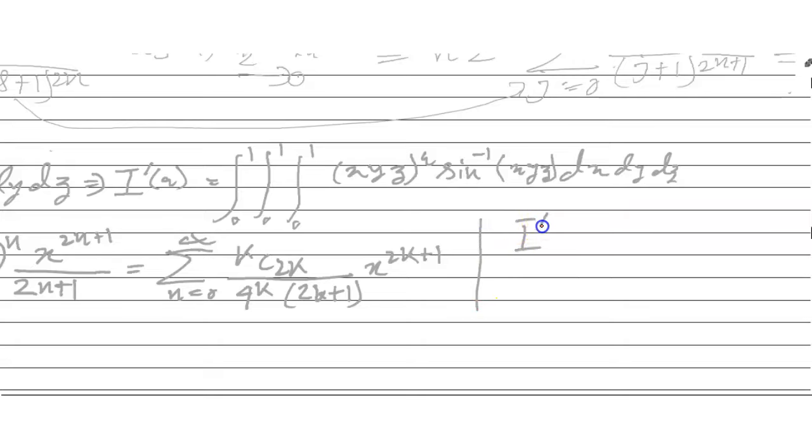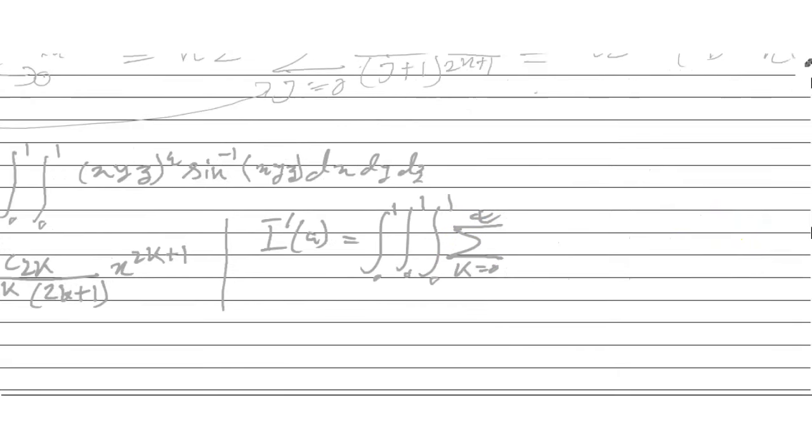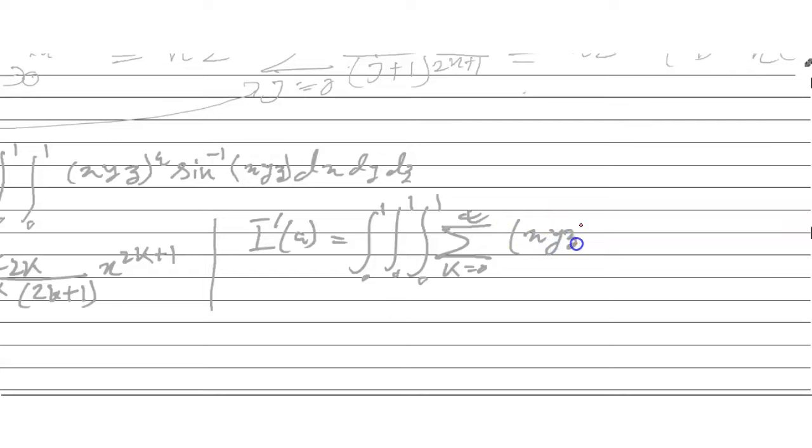So I dash a equals triple integration, summation k equals 0 to infinity, xyz whole to the power a plus 2k plus 1 dx dy and dz.